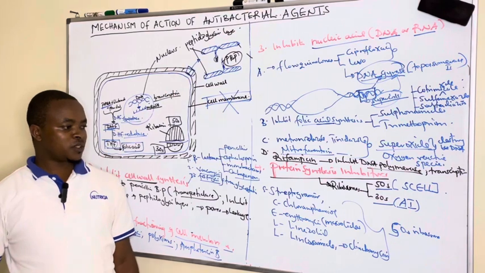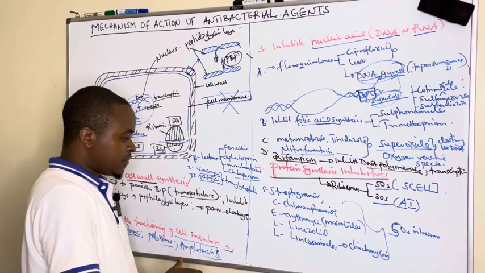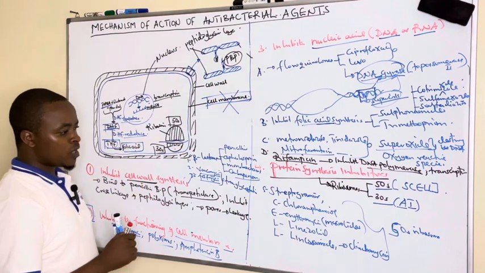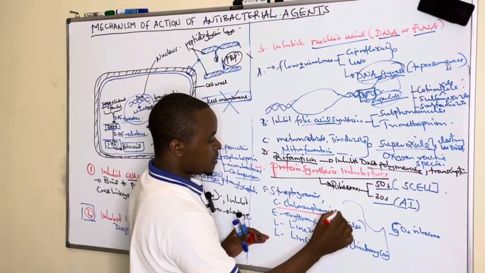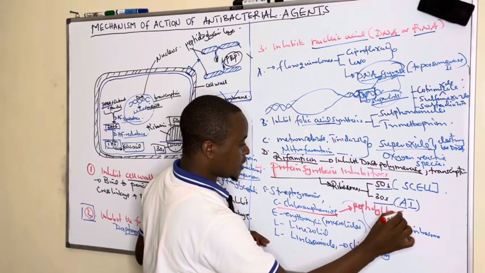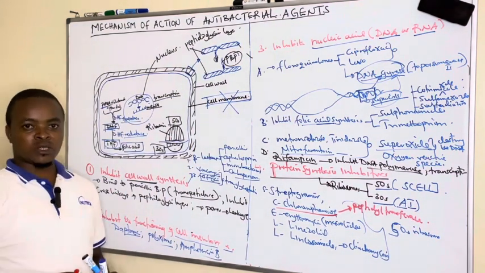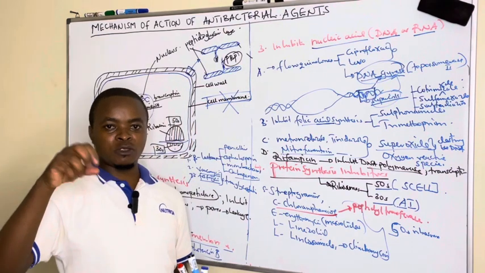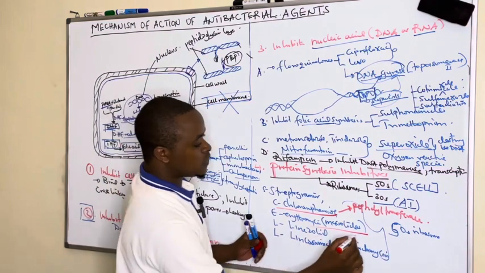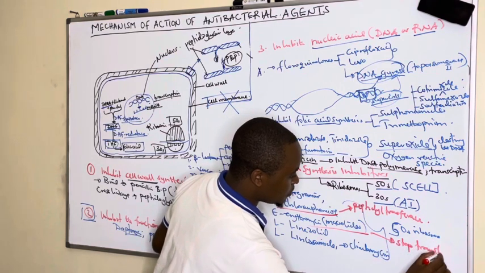And when we go into details, we shall tell you that in mechanism, apart from inhibiting the 50S, which is the largest subunit of the ribosome, chloramphenicol inhibits directly the peptidyltransferase enzyme. And this peptidyltransferase enzyme, which is in the larger subunit, is the one responsible for forming peptide bonds between amino acids during translation. Whereas macrolides inhibit by stopping translocation of the ribosome.